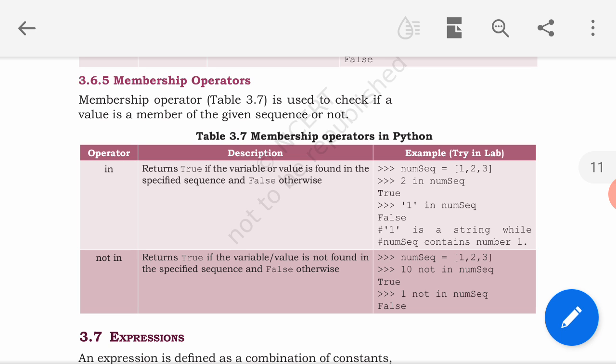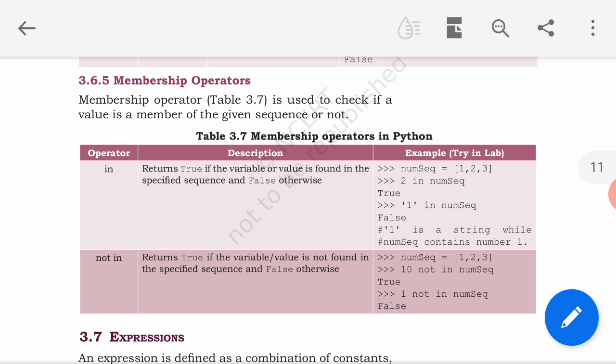Similarly, the not in operator returns true if the variable or value is not found in the specific sequence. Otherwise, it will give you the false value. It can be made clear from the example: num6 equal to 1 to 3.